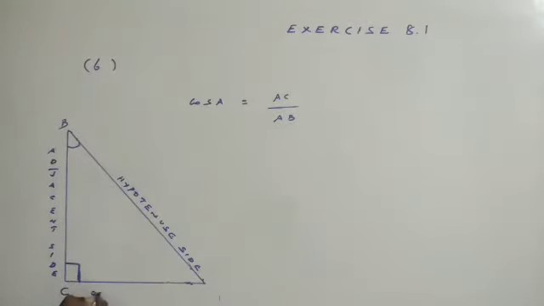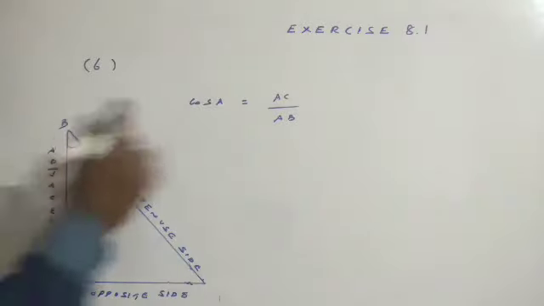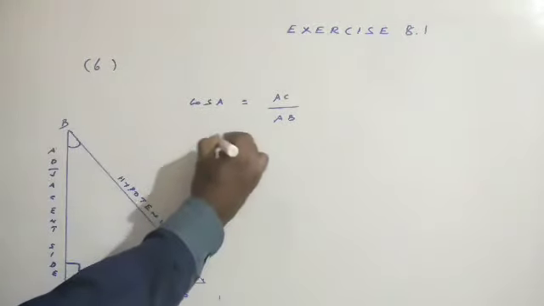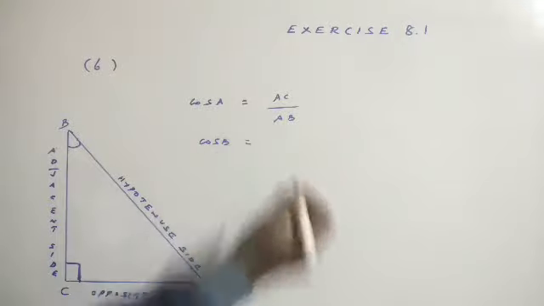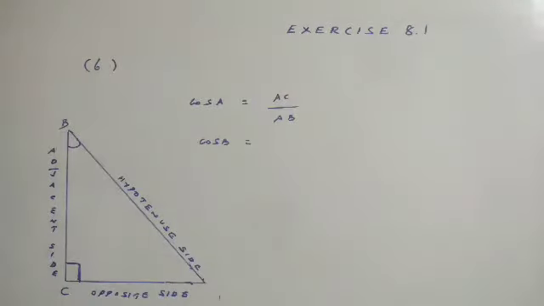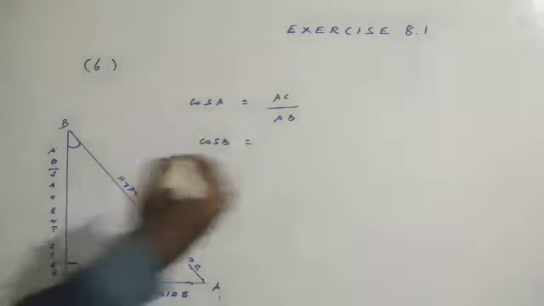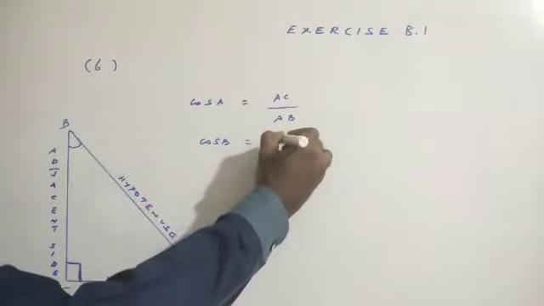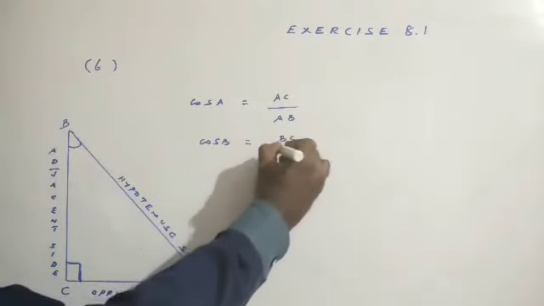This is an opposite side. Now find cos B. Cos theta is adjacent side by hypotenuse side. Here adjacent side is BC. Hypotenuse side is AB. So write here BC by AB.